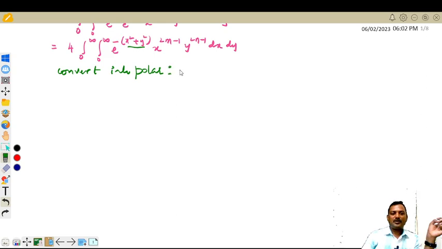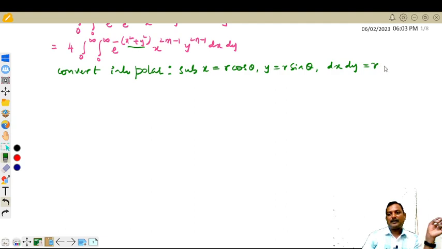To convert into polar, we are going to substitute x equal to r cos theta and y is equal to r sin theta, as well as dx into dy as r dr into d theta.